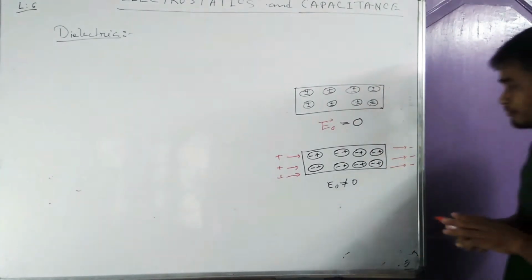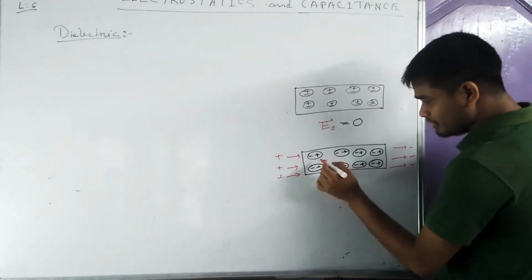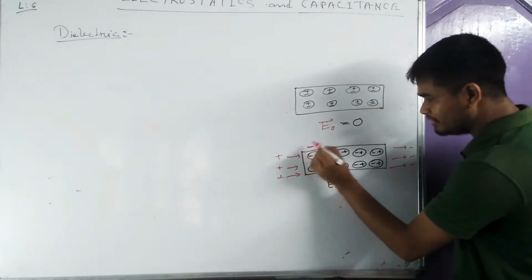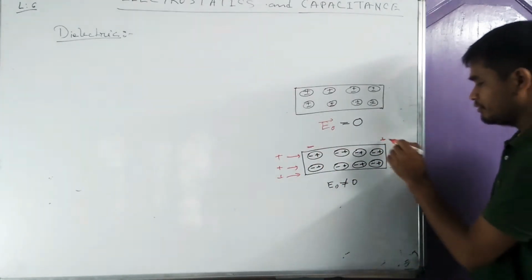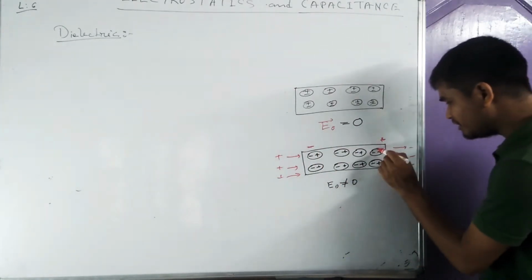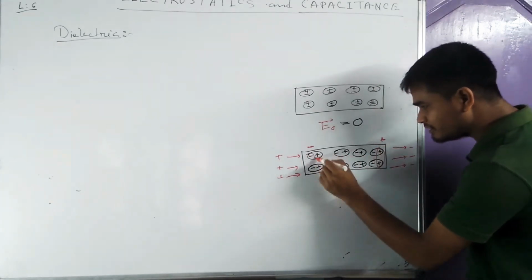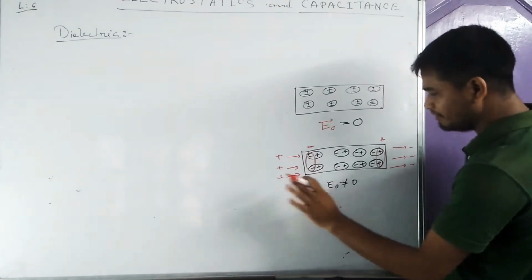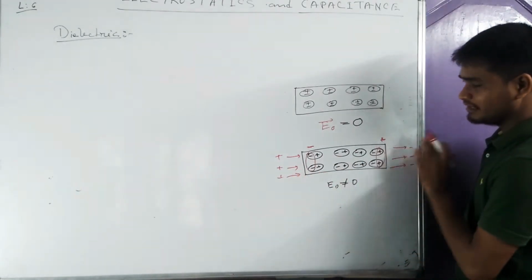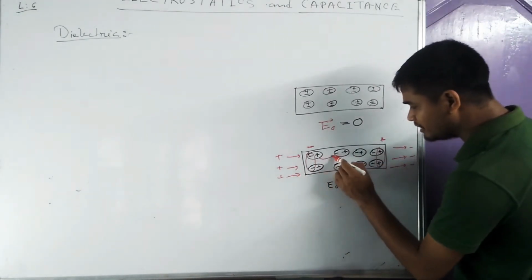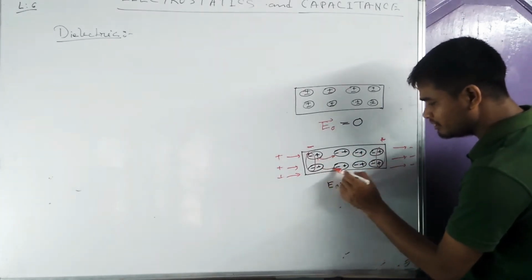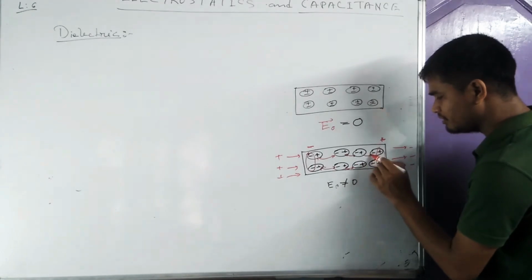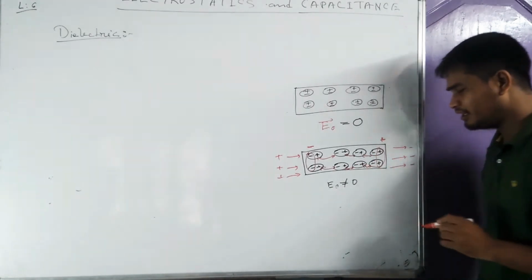Clear? So there will be a negative sign here, that is, there will be negative here and this will be positive. Because only the end positive and negative charges behave as net positive or negative charges, the inner positive and negative charges cancel each other. All are cancelled by each other.